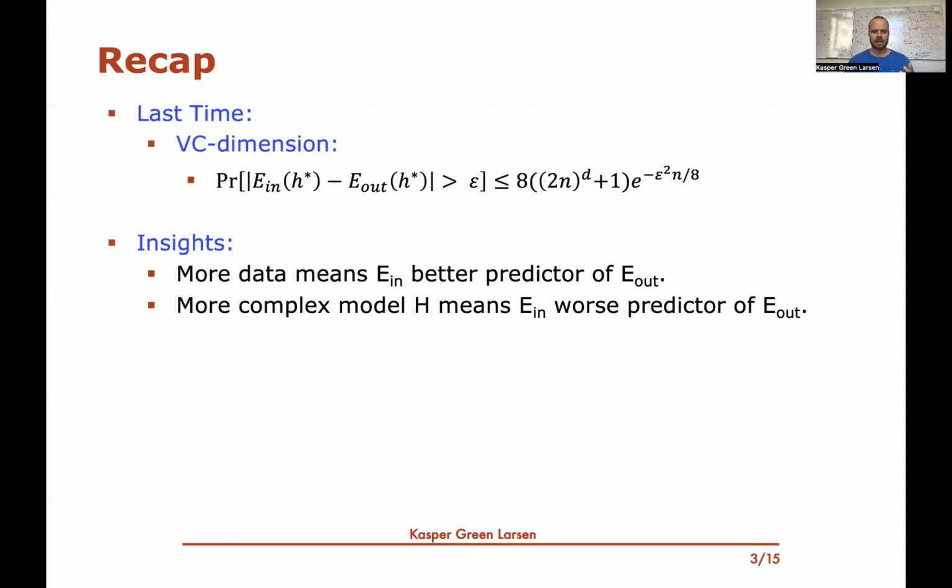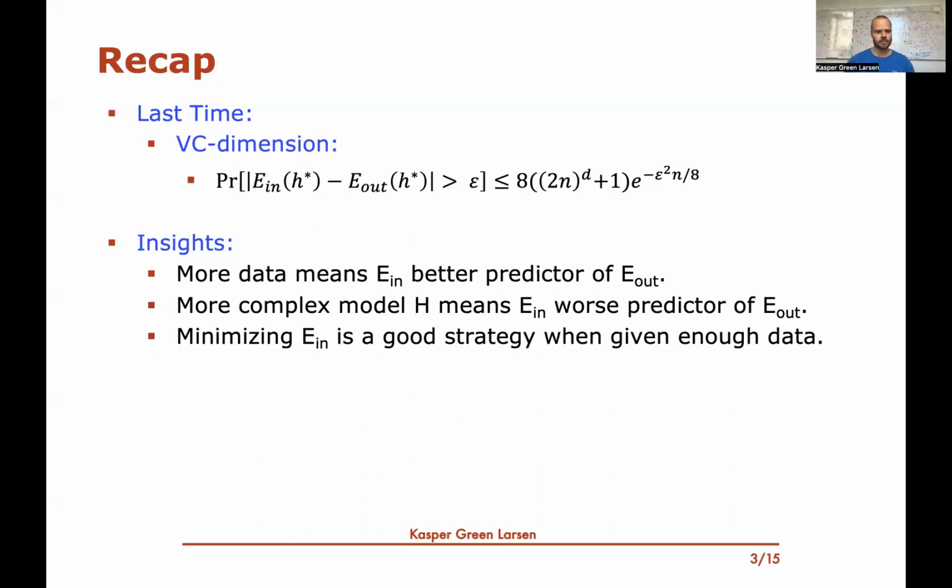Okay, so you have this kind of trade-off that the more complicated model you use, the easier it is also to get a small in-sample error, but then it's not certain that the outer sample error is also small. And finally, right, we also argued before that minimizing the in-sample error as a general strategy for training a machine learning model is a good strategy as long as you have enough training data.